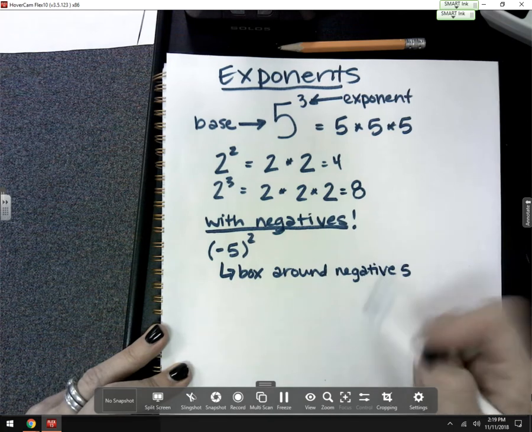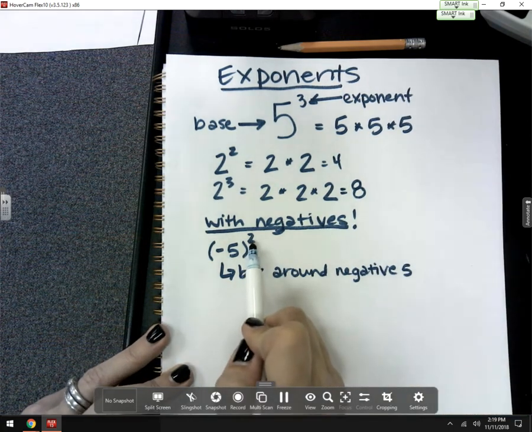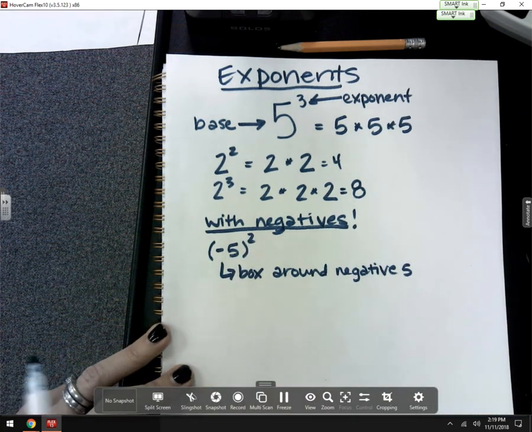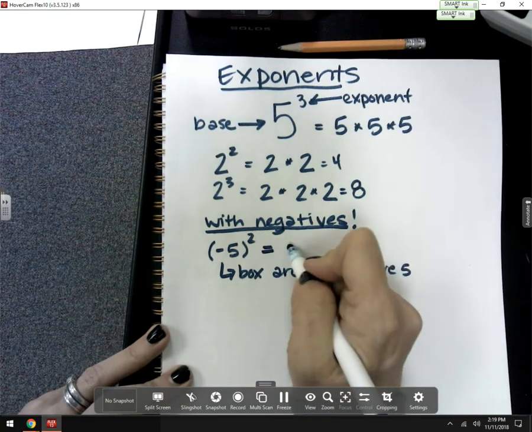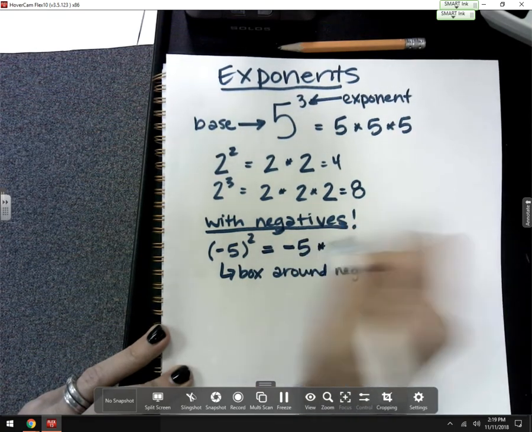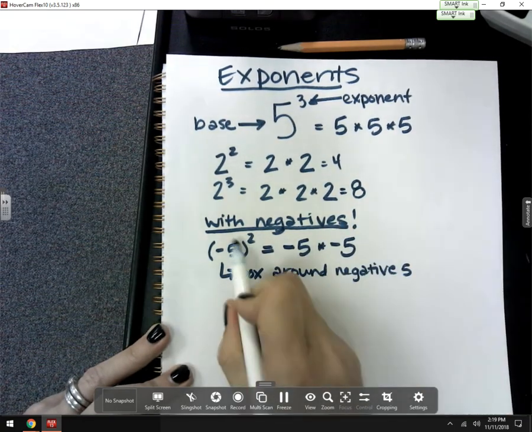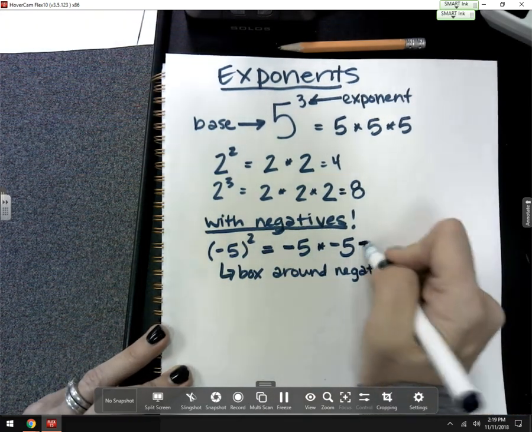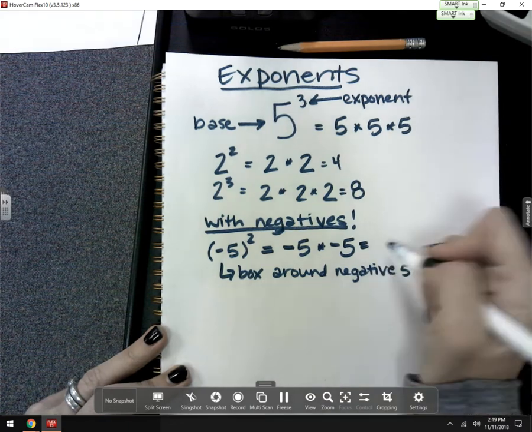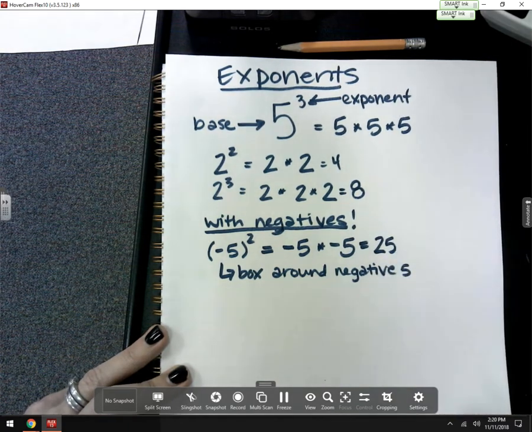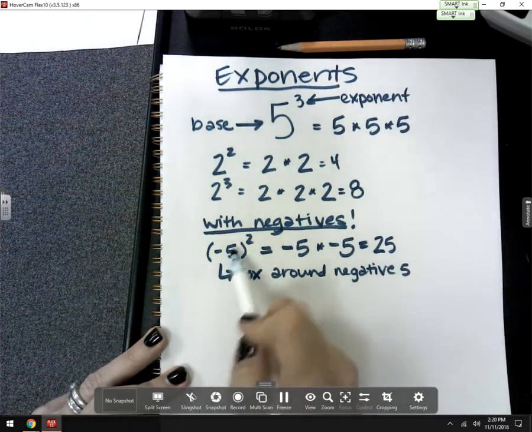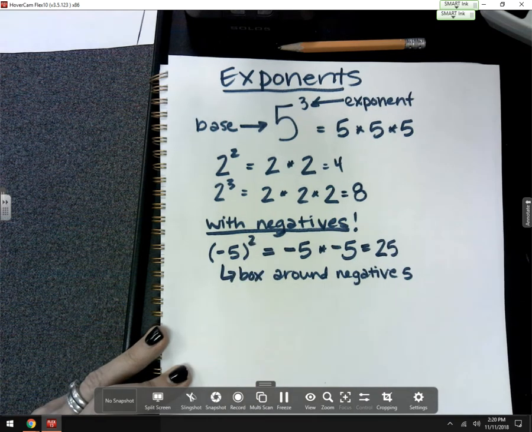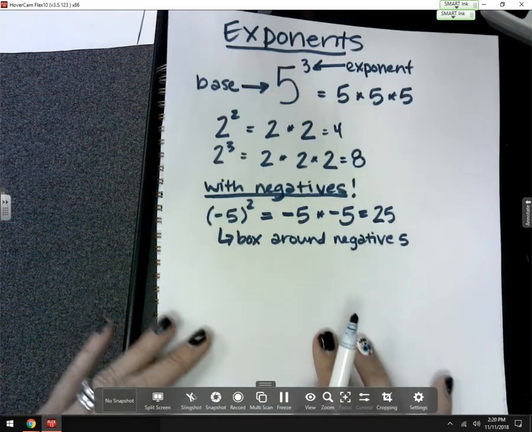So that means that we're going to do whatever's in here to the second power. So this is going to be -5 times itself 2 times. And you guys know a negative times a negative is a positive. So -5 times -5 is positive 25. So that's when we have our negative inside the parentheses and then we have it raised to an exponent.